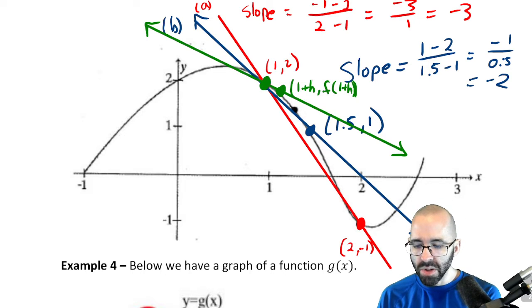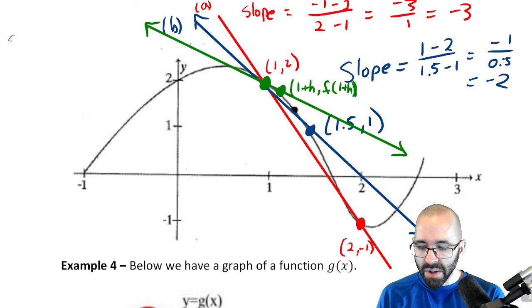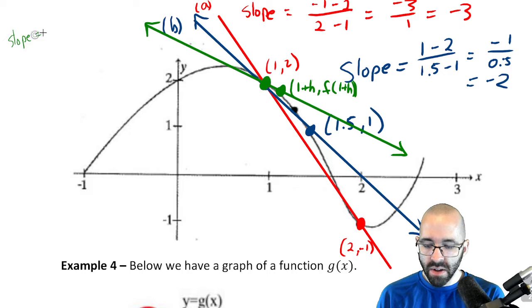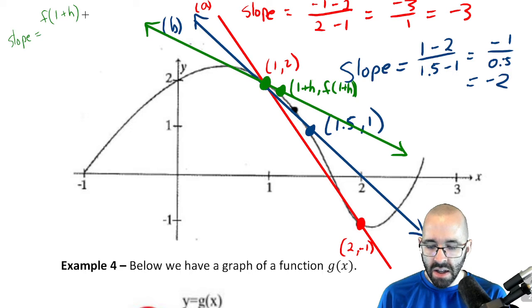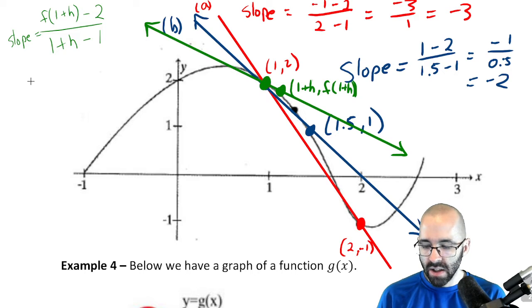Well, now what does the slope look like for this green guy? Now it's a little bit more complicated, okay? So our slope is going to be the second y, which is some function value at 1 plus h, minus the first y, which is 2, over the second x, which is 1 plus h, minus the first x, which is 1.